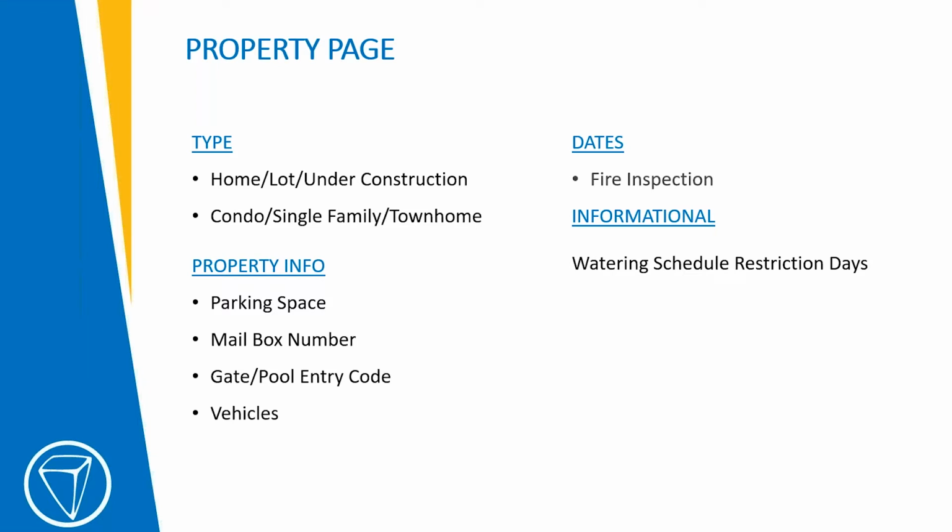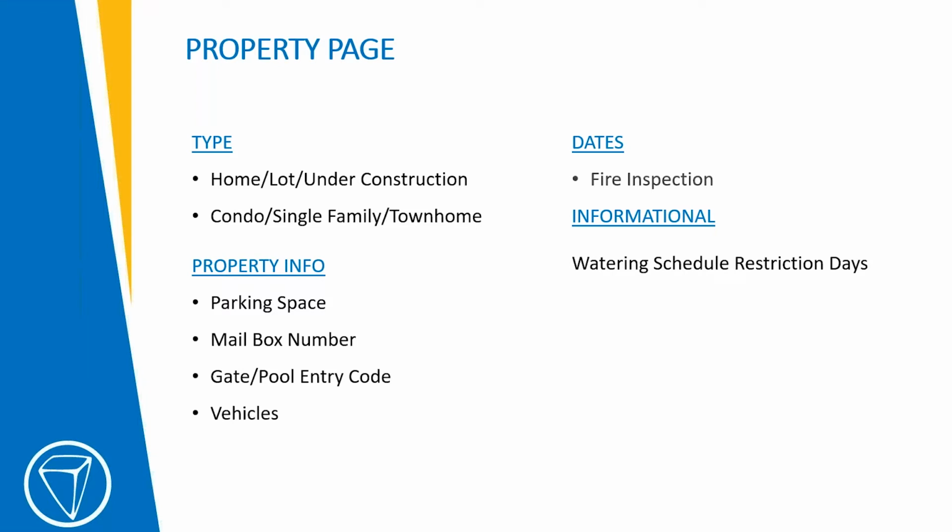And then also, if it's mixed use, you could determine if it's a townhome or a condo, or if it's a single family home. And then additional information like parking space number or mailbox assignment. Even things like if you assign codes or keys for amenity entry, like pools, you could record all your information here and have specific fields that you set based on what to track.